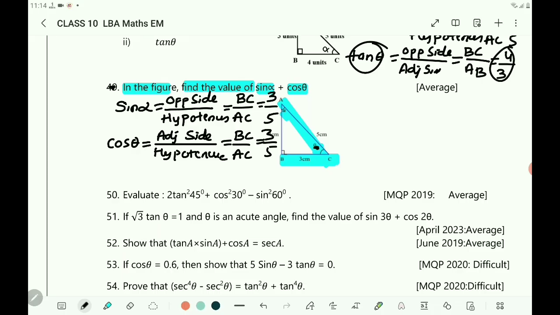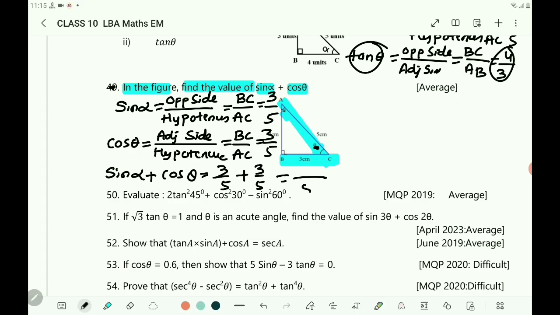Then what is asked? What do we have to find out? Sin alpha plus cos theta. Sin alpha is 3 by 5. Cos theta is also 3 by 5.